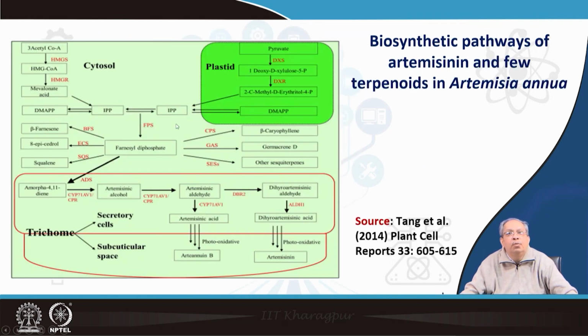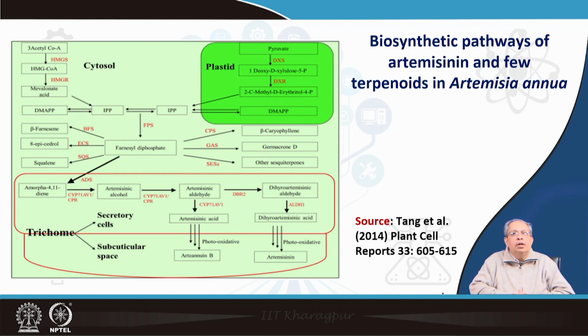Another important point, as you know, is that sesquiterpenes are basically localized in the cytosol, as this is a terpene originating from sesquiterpenes. So, most of the pathway is operating in the cytosol, and one important point I have written here is the trichome. The leaf contains this fine hair-like structure, which I mentioned in one of the previous classes when I talked about the biosynthesis of menthol, and there I said that menthol and other products accumulate in the trichome.